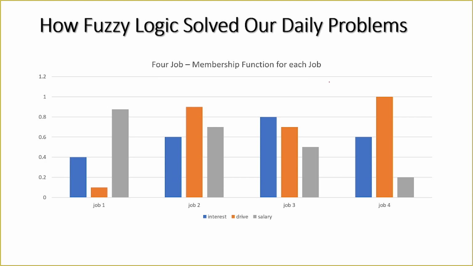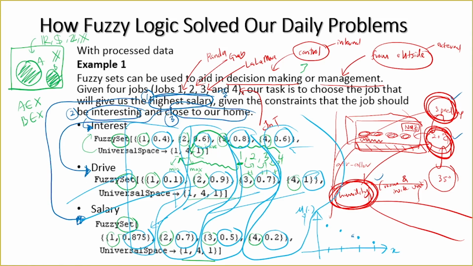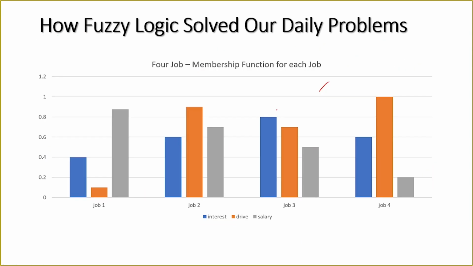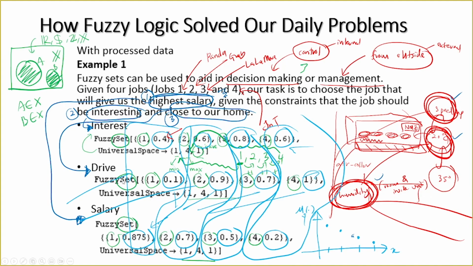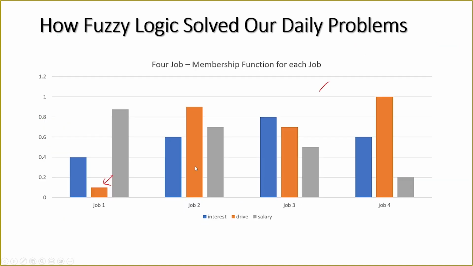Then what we have over here, 0.4, this blue value is basically taken from here, guys. 0.4. This one, 0.1, is taken from here. And 0.85. So this would be the thing.